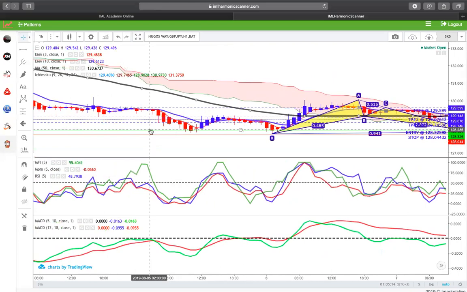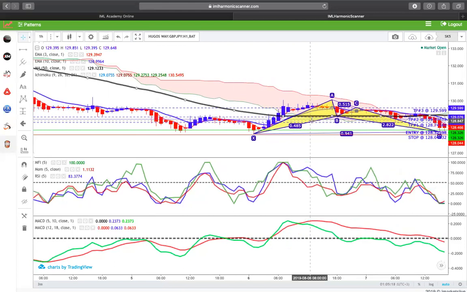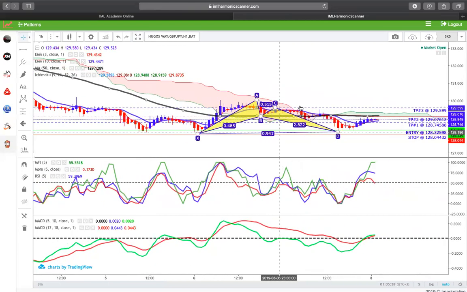Right? So are the yellow triangles important at all for SK5? Yeah, so these are the harmonic patterns. I personally don't know much about patterns. All I know is that when the market forms a pattern, it's bound to go in the opposite direction, which is how you get your stop loss, entry, and TP1 through 3 on the scanner.